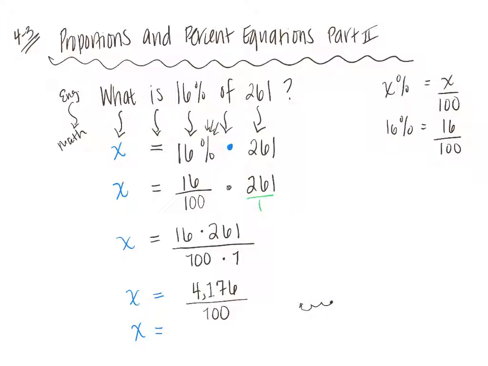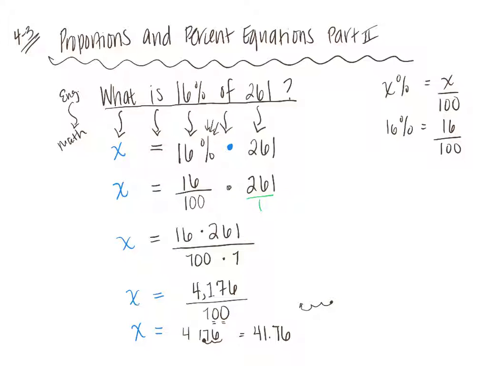Well, here I have 2 zeros, so I'm going to write 4,176, and I shouldn't have written my comma yet because I'm going to bring in a decimal, and I'm going to bring it in 2 places. So my final answer is 41.76. And I wanted to know, what is 16% of 261?